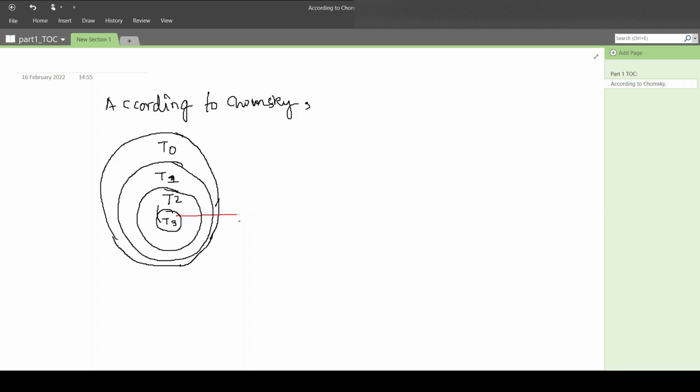And what forms regular languages? That is finite automata or finite state machine. So if FSM comes, you don't need to bother about anything. FSM means finite state machine, which will form regular languages.